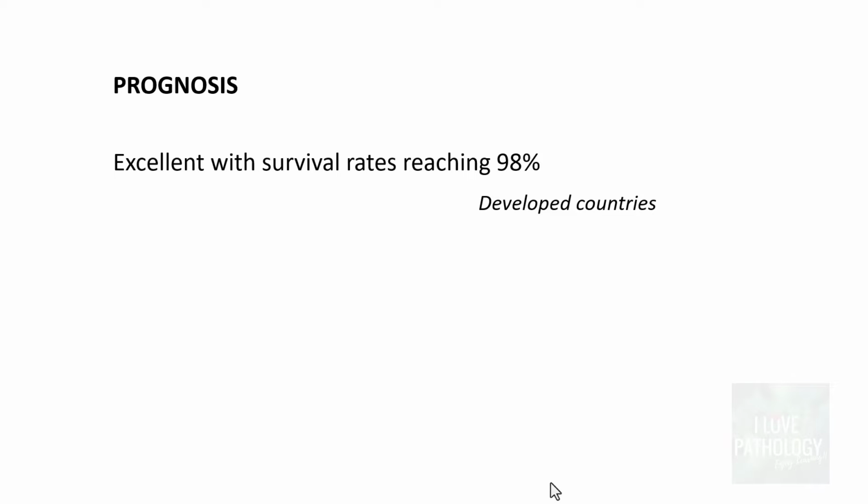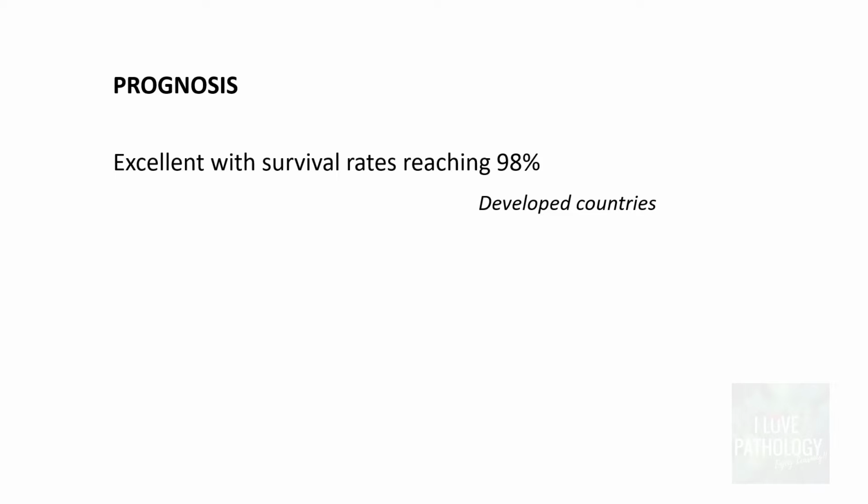Now, coming to the prognosis, once you treat these retinoblastomas with chemo and radiotherapy, the survival rate is very, very excellent, reaching up to 98%. And remember, this is what you see in developed countries.